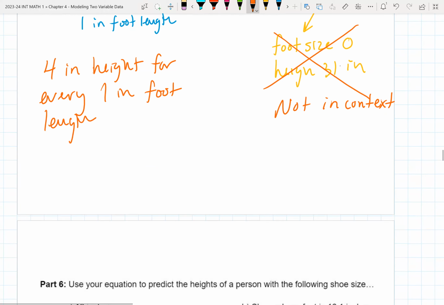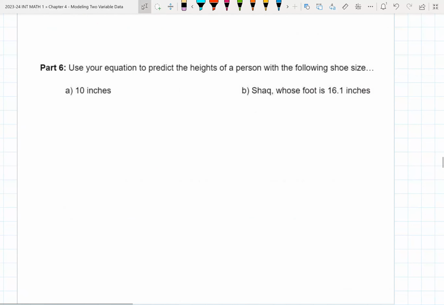All right, let's go make some predictions now. Now this 10 right here is inside of our data, so that's called interpolating or interpolate. But this Shaq's shoe size of 16.1 is well outside of our data. That's called extrapolate.